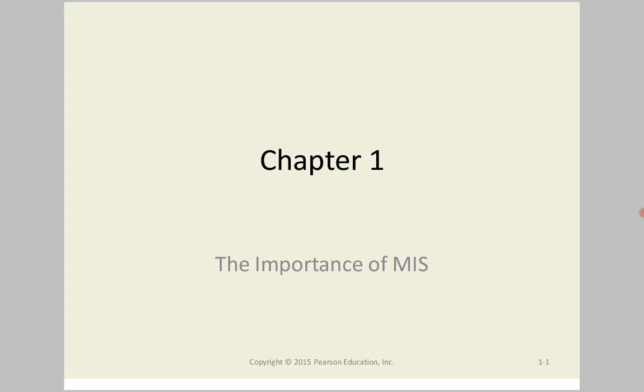MIS is a comprehensive and coordinated set of information subsystems. The first one is management oriented, meaning the system is designed from top to bottom.